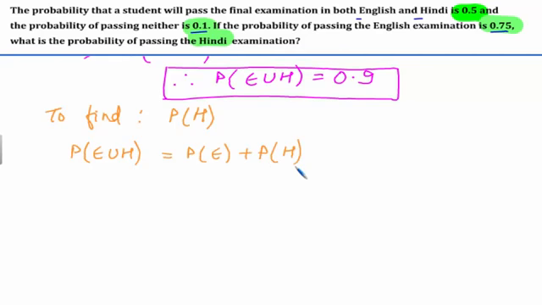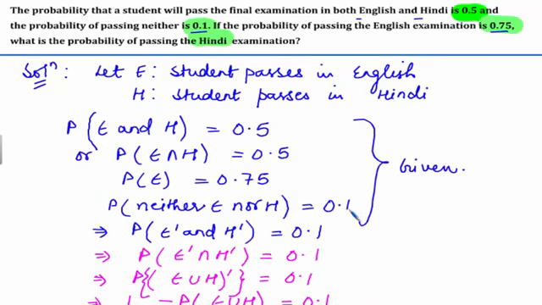Now, we know that probability of E union H is equal to probability of E plus probability of H minus probability of E intersection H. Now probability of E union H is 0.9. Probability of E is 0.75, plus probability of H, which we have to find out, minus probability of E intersection H, which is equal to 0.5.